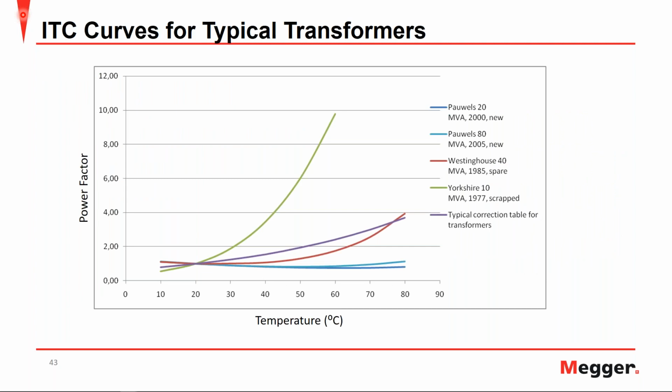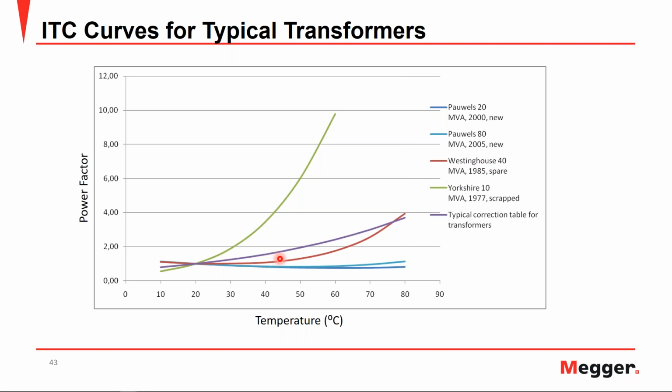And here's just an illustration of what I was talking about in the fact of overcompensating or undercompensating, where here in purple, we have the typical correction table for transformers. And indeed, at some areas, it is correct, but we can also see we have several different transformers of several different ages and several different sizes or power ratings.